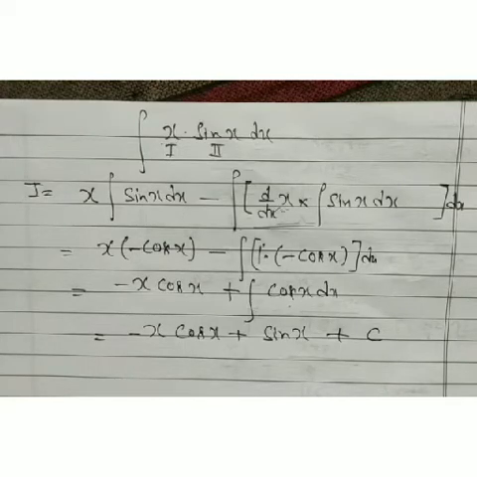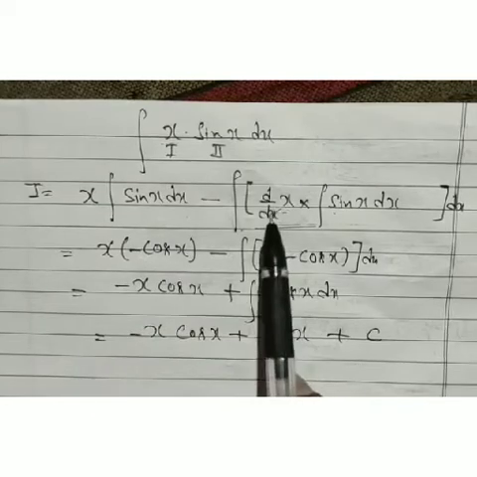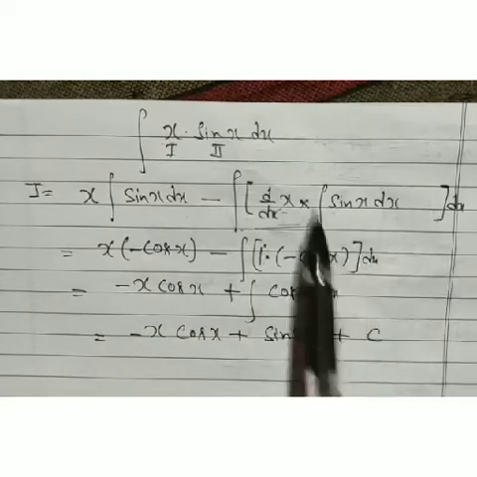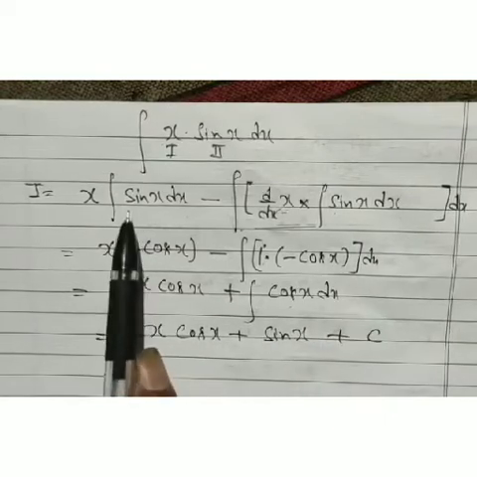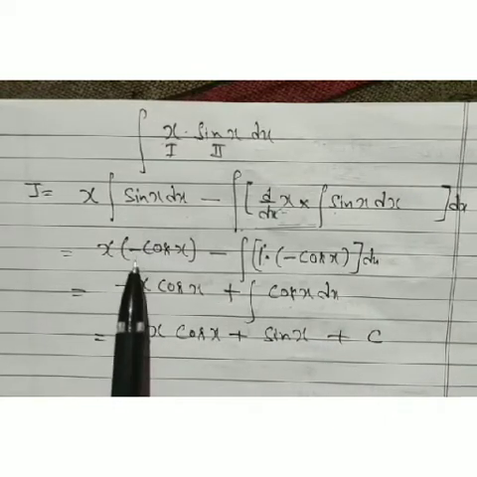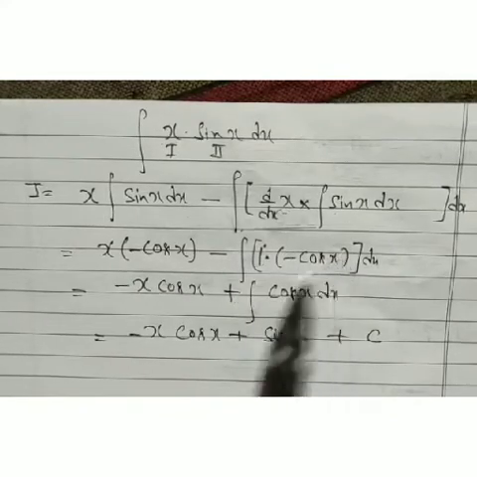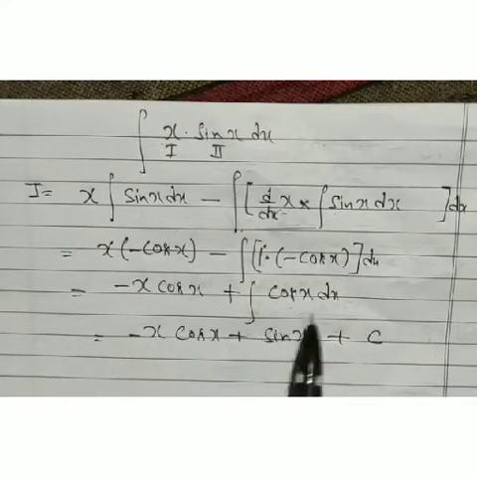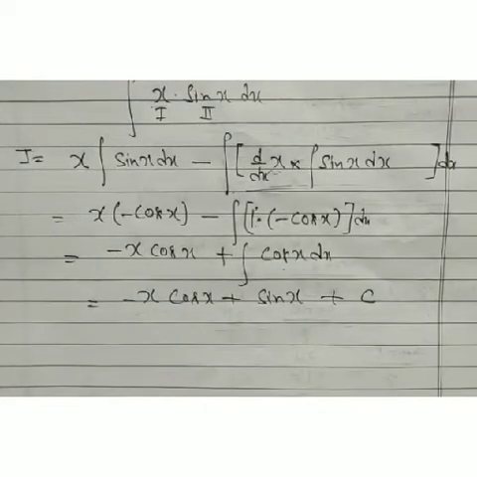Then we use our integration by parts formula: first function times integration of second, minus integration of derivative of first into integration of second, the whole integration of the whole part. Then the integral of sin x is minus cos x, and the derivative is 1 times minus cos x. Then after that we get the integration of cos x, and we get minus x cos x plus sin x. This is our working step.